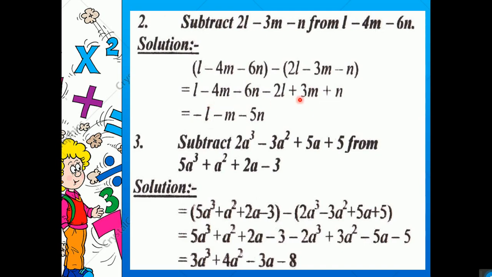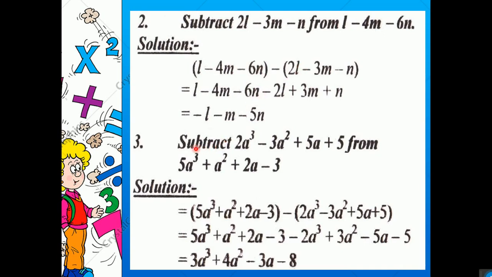Minus 4 plus 3 is equal to minus m. Minus 6 plus 1, these are the coefficients of n. Minus 6 plus 1 is equal to minus 5n. This one is the answer of this subtraction.